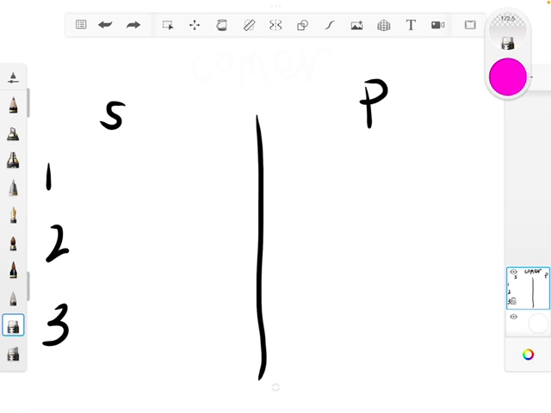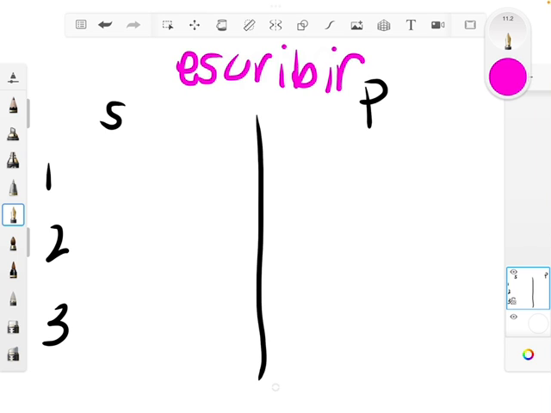So we start with our new verb here. Let's try the verb that they give us here, which is escribir. First we're going to knock off that IR, and then we end up with that.